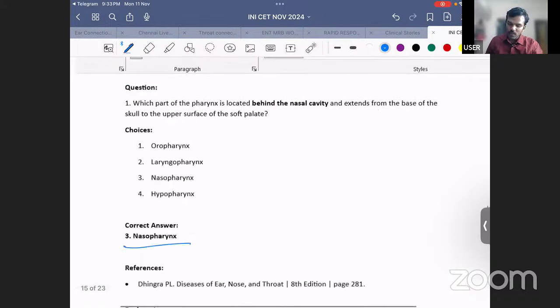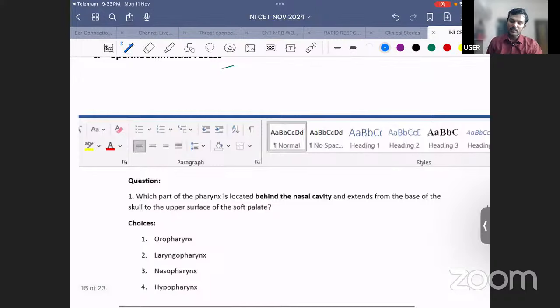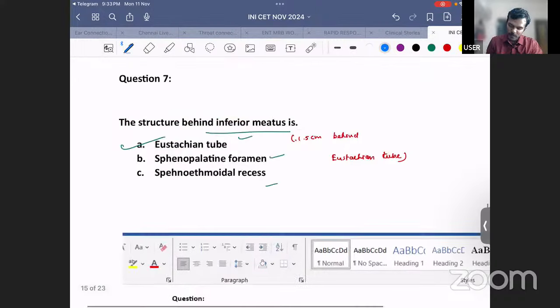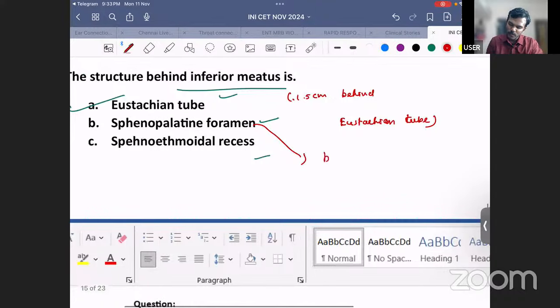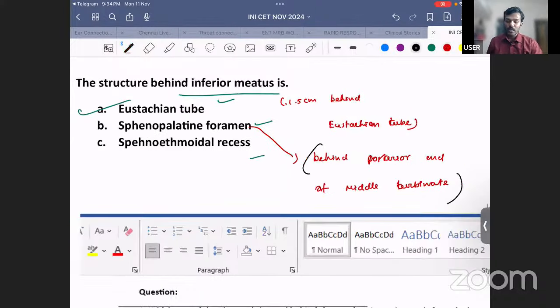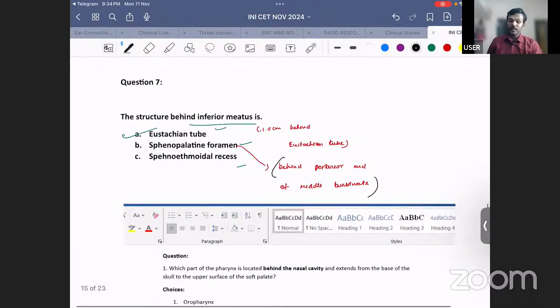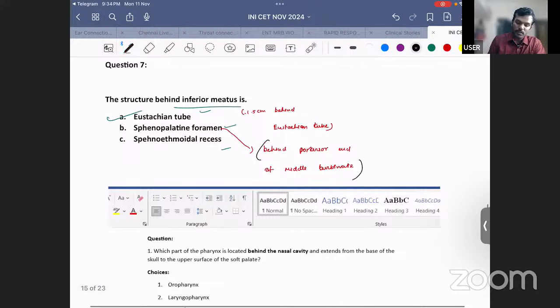And the sphenopalatine foramen is behind the posterior end of the middle turbinate. So that's about the structure behind the inferior turbinate.